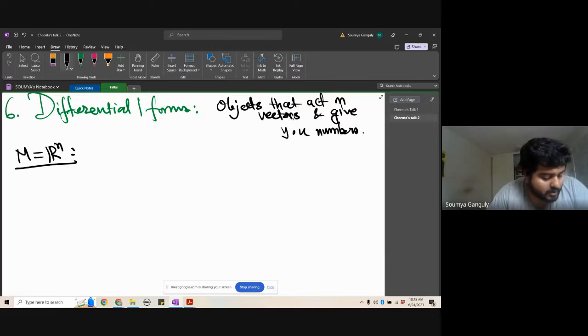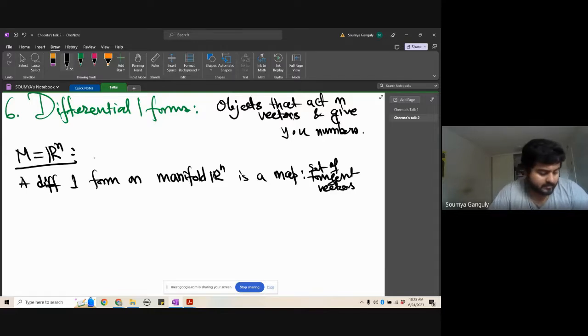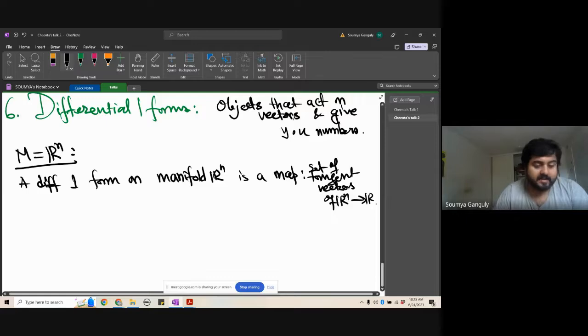A differential one form on the manifold Rn is a map from the set of tangent vectors of Rn to R.